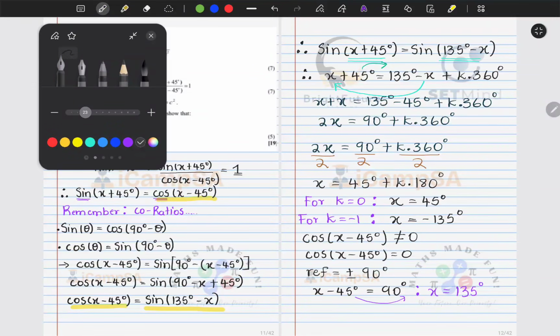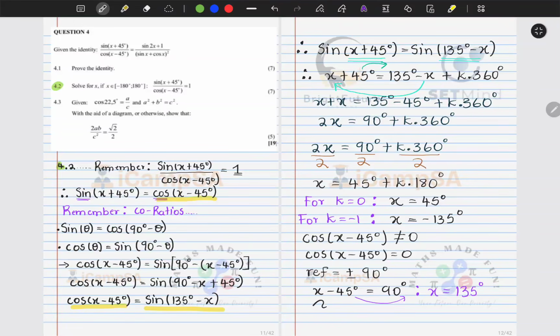Okay, and then we can go with the other one where we look at minus 90. So we have x minus 45 equals negative 90 degrees. And when you solve for your x, you'll have minus 90 plus 45, which gives you x equals negative 45 degrees.